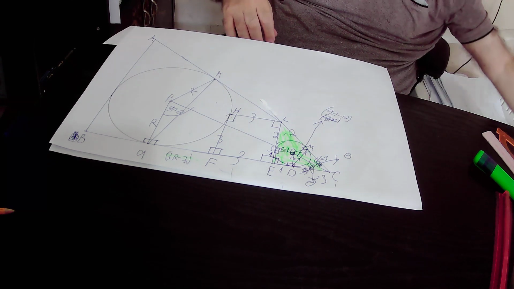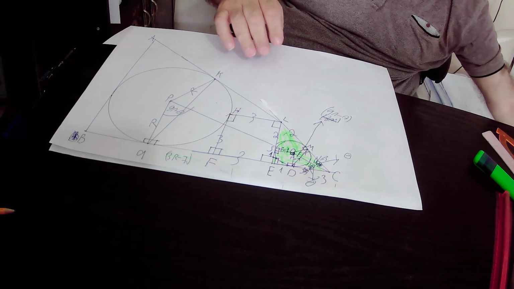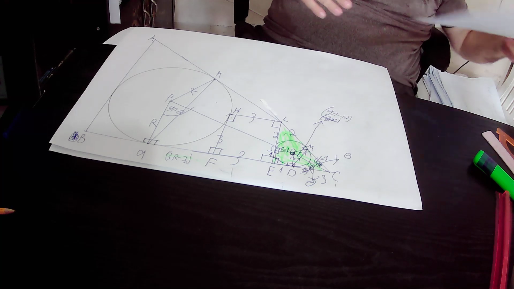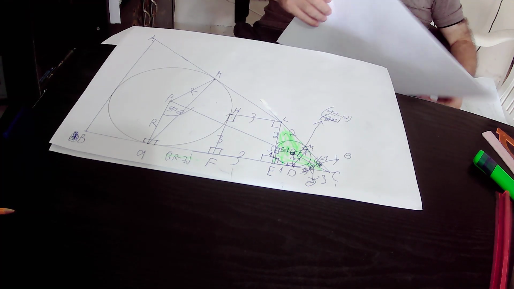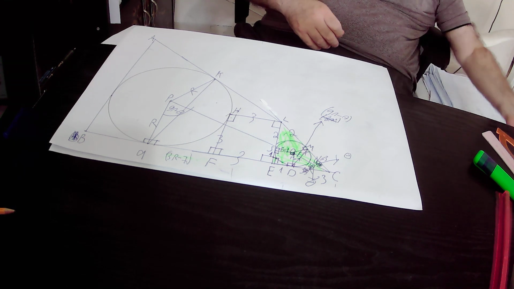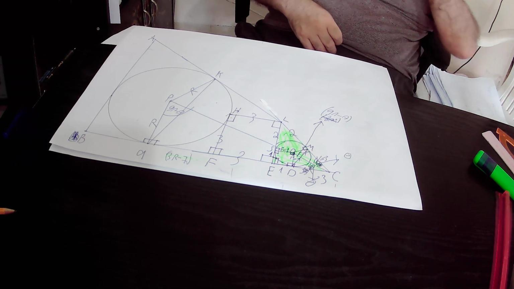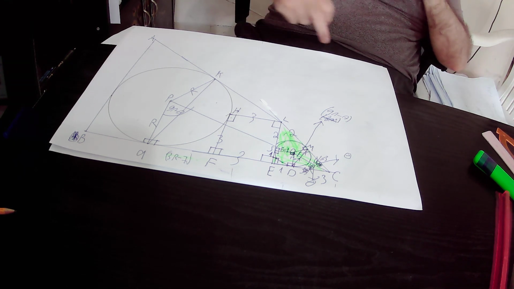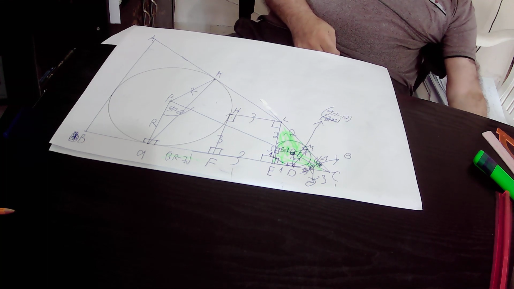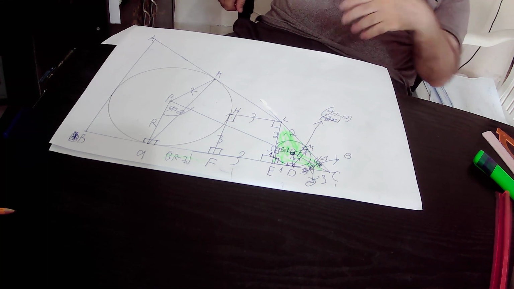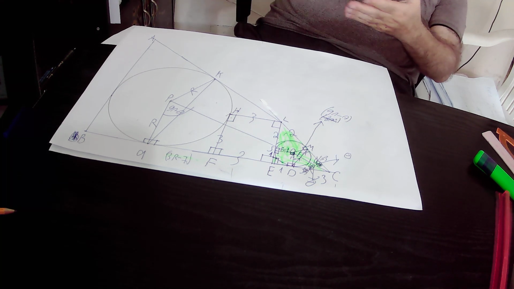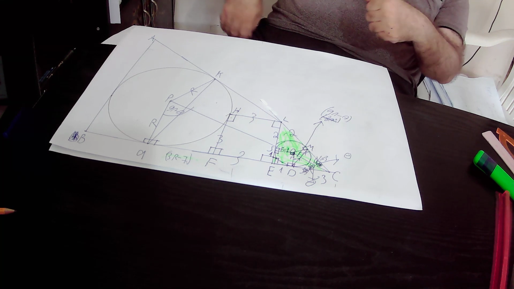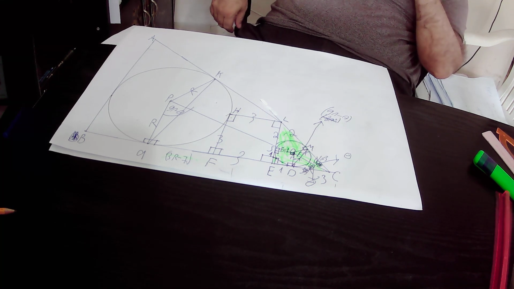And because the side length of the square is equal to 3 units, we examined 3 possibilities for the value of the radius of this big circle. The radius of this big circle could be less than 3 units, or the radius of this big circle could be exactly 4 units.